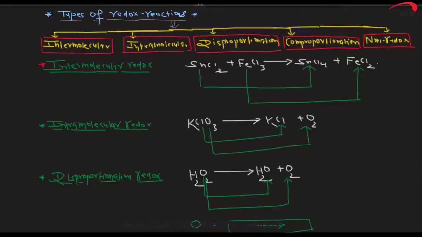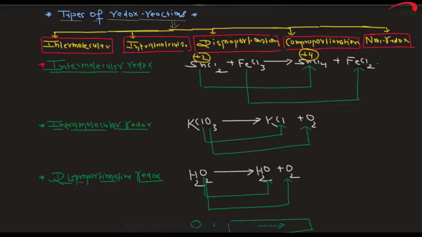In SnCl2, the charge of Sn is +2. But when SnCl2 converts to SnCl4, the charge is +4. So here the +2 is converting to +4. Is it an increase or decrease in oxidation state? Yes, student, it is an increase in oxidation state.